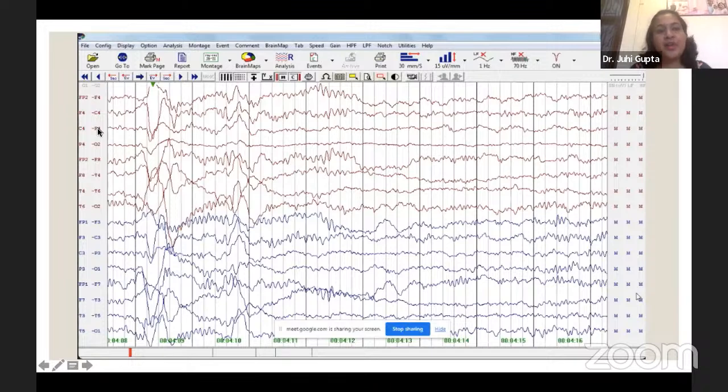So this is a longitudinally arranged EEG montage, longitudinal bipolar. This epoch is actually showing some good sleep spindles and vertex waves, which will be discussed in a subsequent lecture by Dr. Sonali. I will not go into these details.